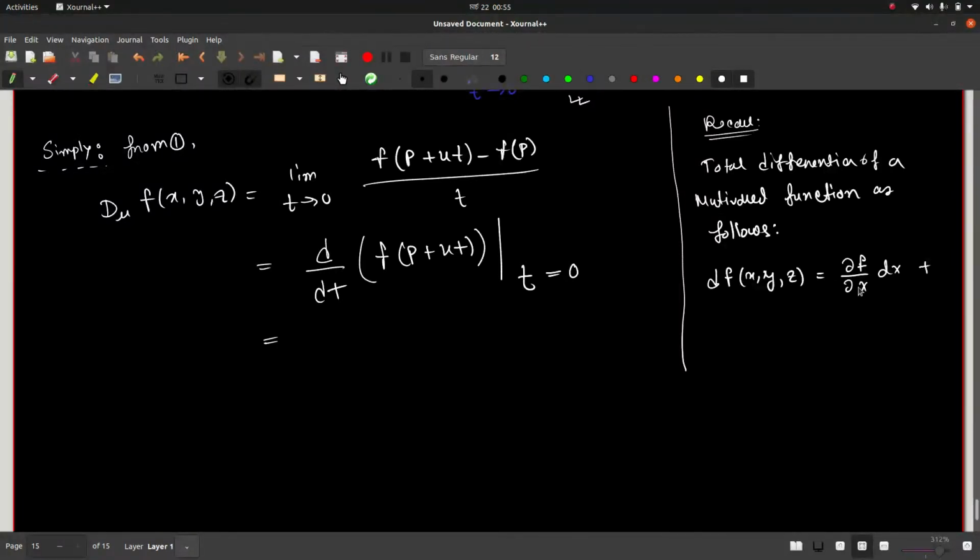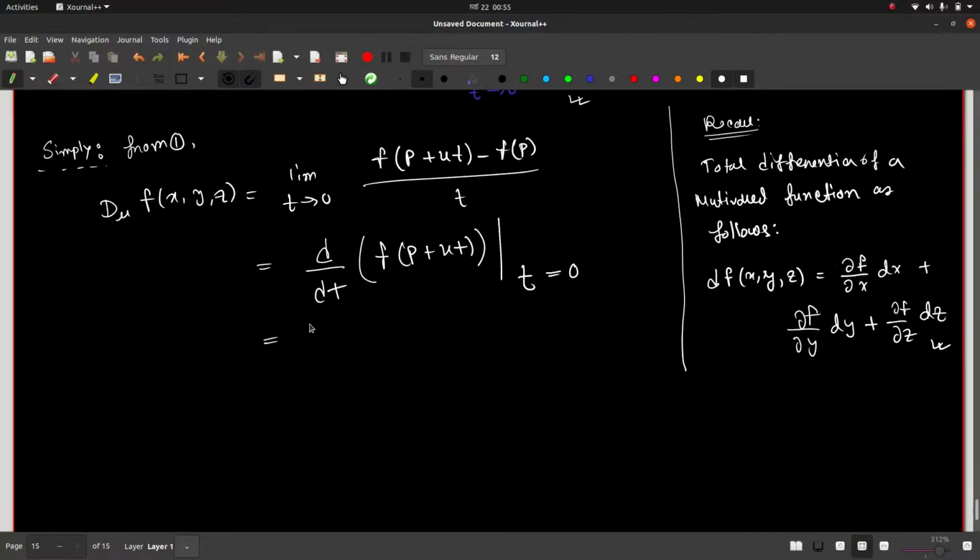So this is one thing. Then you have df of dy, and finally you have df of dz, and all these deltas, they mean partial derivatives. So finally you have this guy. So you can use this over here and use the fact that p and u, they actually contain 3 entries, both of them.